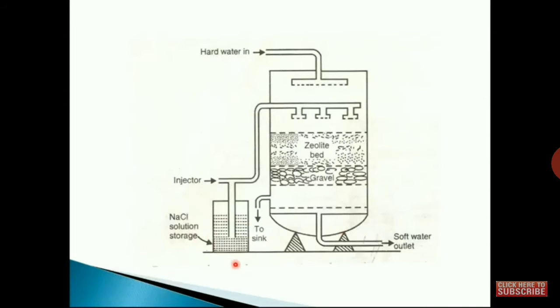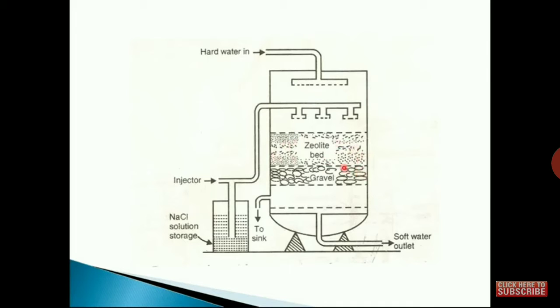Okay. So whatever I have written here, I have taken this picture from a certain book actually. So this is the simple cross-section diagram. In this diagram you can see the raw water or the hard water is coming from here, right? Forget about this part, I'll explain this particular part later. This is actually the zeolite bed. Zeolite bed means your sodium zeolite, that means the sodium silicates, are present here.